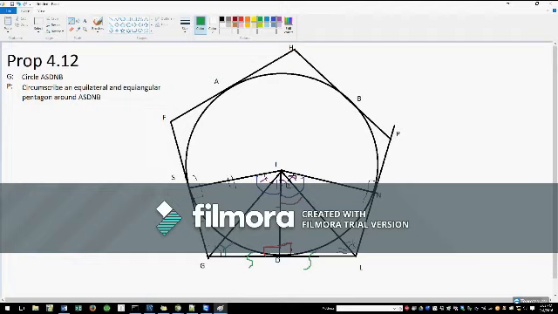Invoking proposition 26. Therefore the line GL is double the line GD.